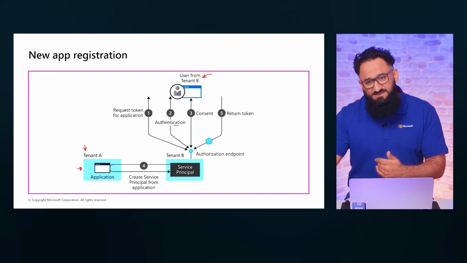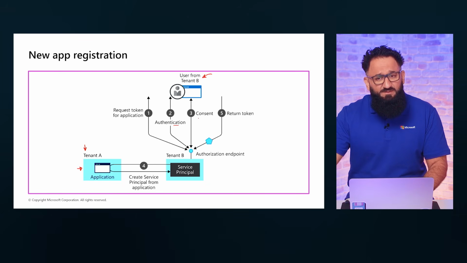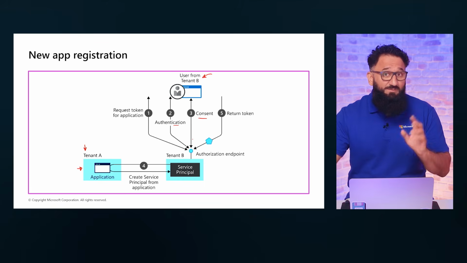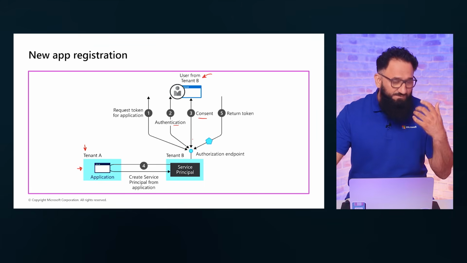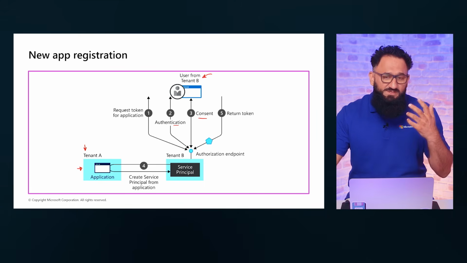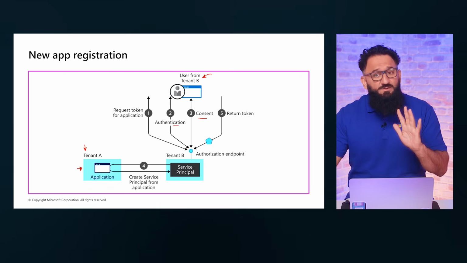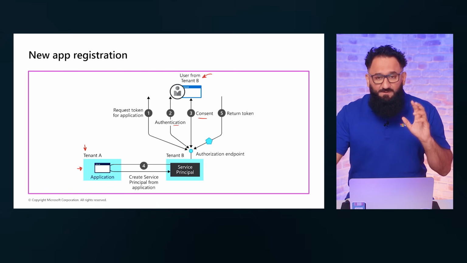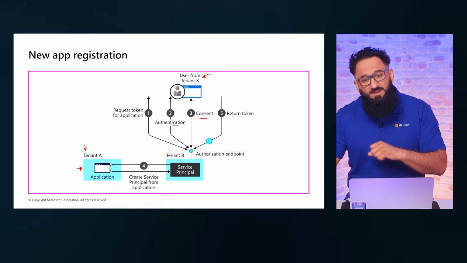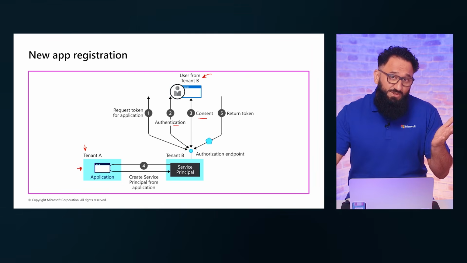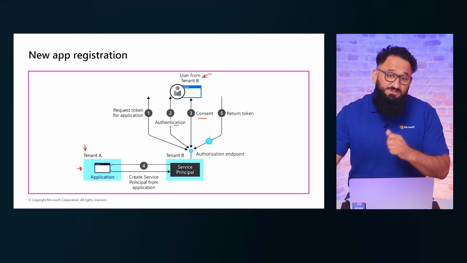Once the user has consented to providing all the access to the application, maybe it's picking up the user email address, user time, date, location, this simply will go back and allow the application to grant access to the user.